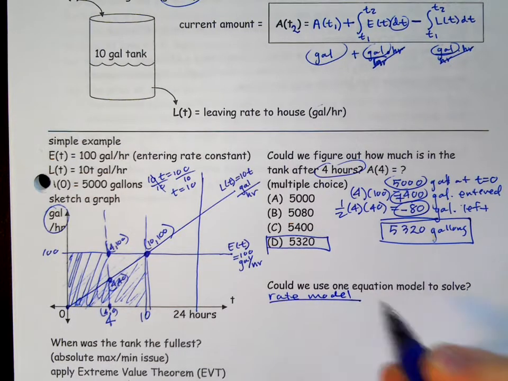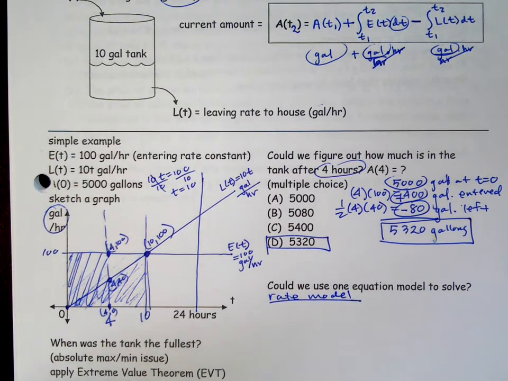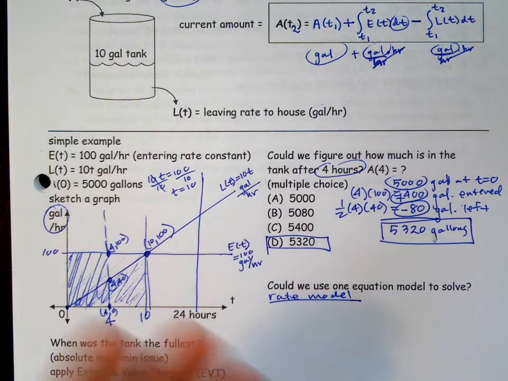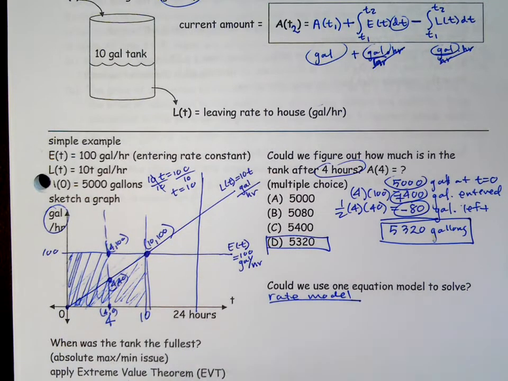Okay, a model is like an equation that describes what's happening, or in this case, how much water is in the tank. So this is a model for the amount of water in the tank.